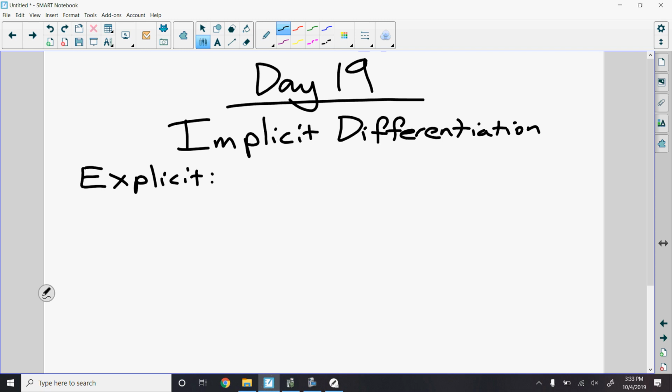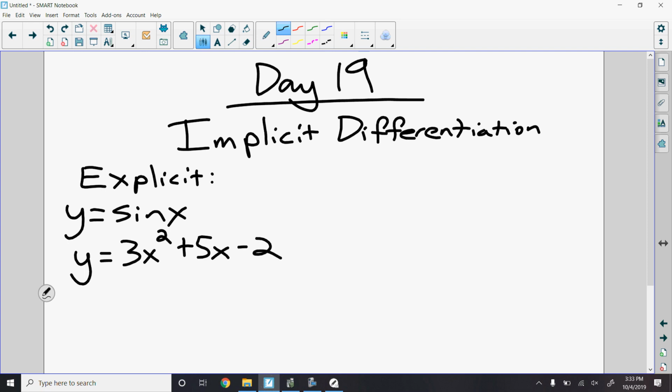If we have an explicit function, that means it's solved for y. So something like y equals sine x, or y equals 3x squared plus 5x minus 2, or y equals the natural log of x cubed minus 5.